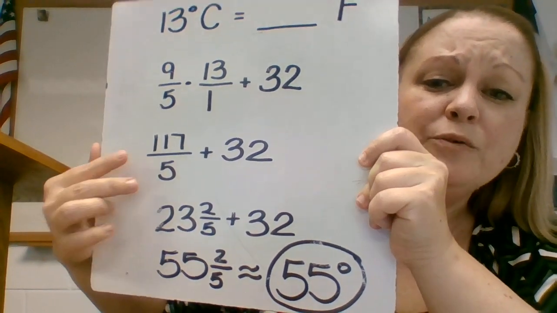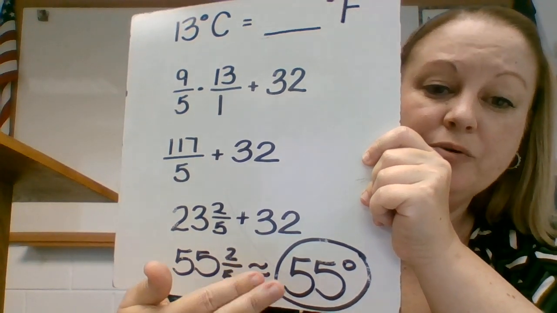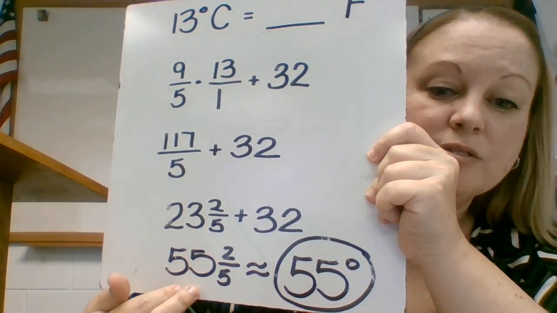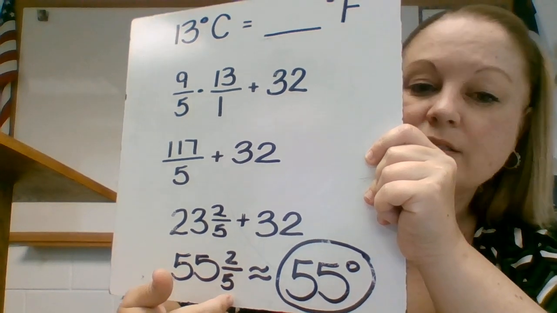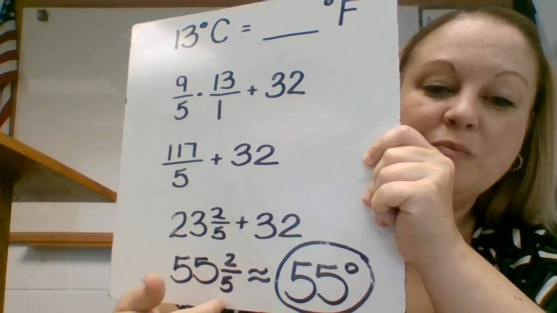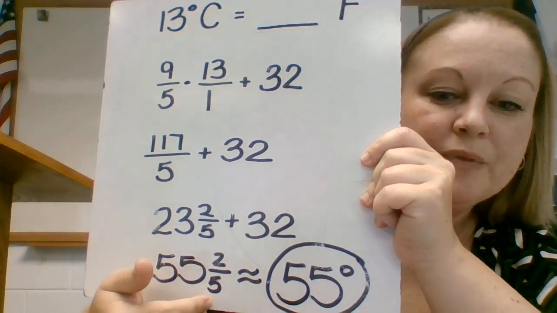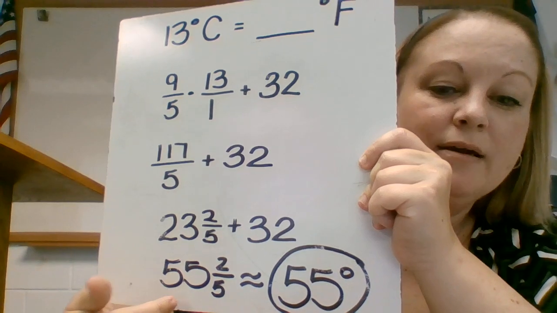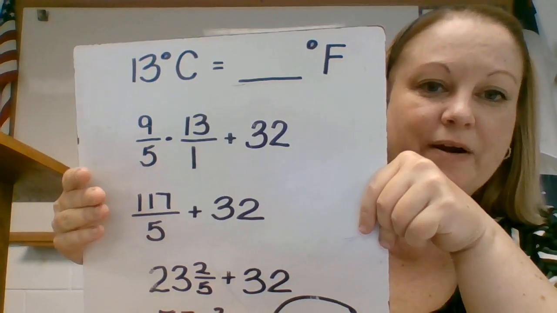And then when you simplify this, 23 2/5 plus 32, it's very easy to add the whole numbers. And 2/5, that's not halfway yet. All right, so it would have to be 2.5 to be halfway to 5. It'd have to be 2.5 or greater. So because it's not more than halfway, we're going to round down. It's closest to 55 degrees Fahrenheit.